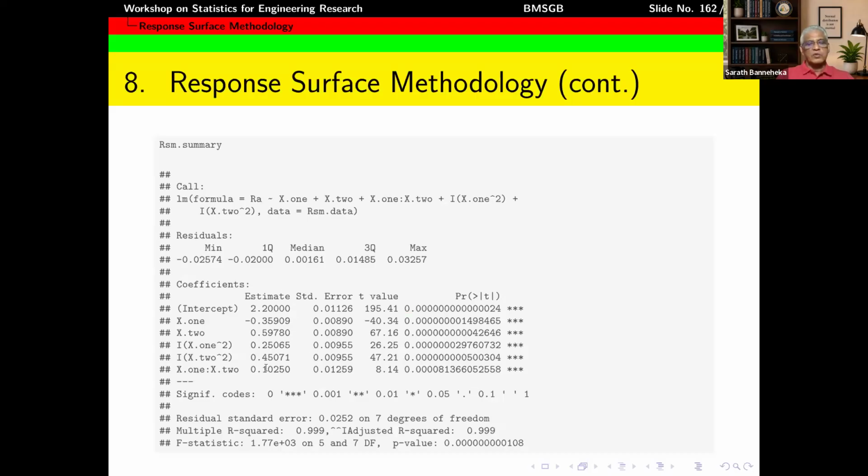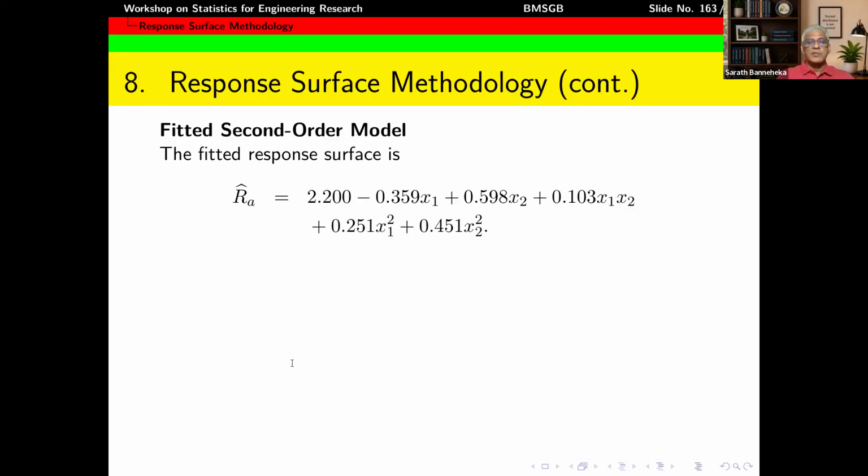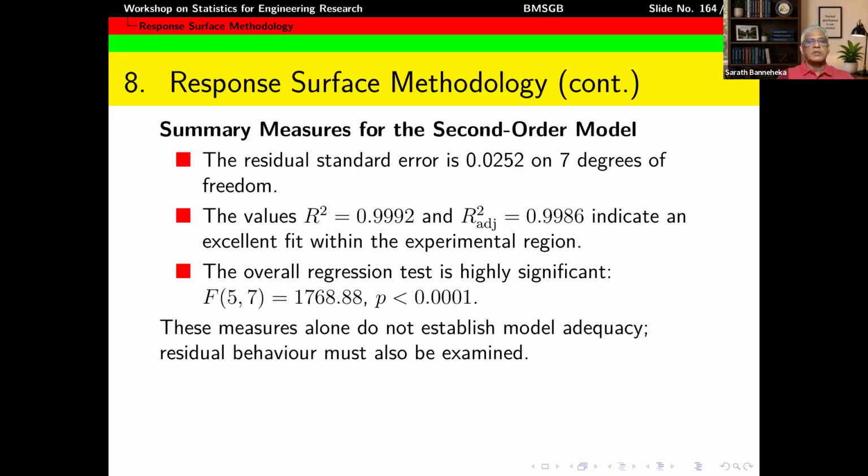These are the fitted coefficients, or the estimated coefficients. Right. So if you look at this fitted model, the residual standard error is very, very low, and that's a good thing, with 7 degrees of freedom. Residual standard error is small, which means the overall error, a measure of the overall error in the predicted values, is a small amount. R square value is very, very high.